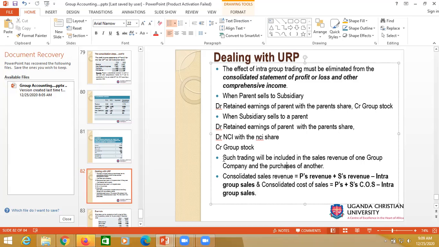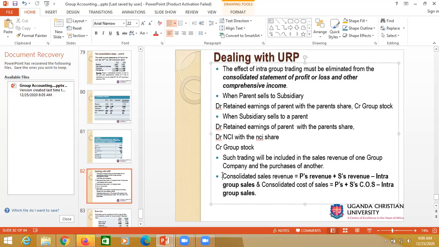From a group perspective, those must be cancelled out, because we don't expect the group to include these when those goods have not actually gone outside the group. When those goods have not gone outside the group, then we must cancel them out.